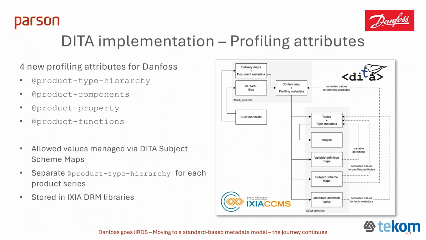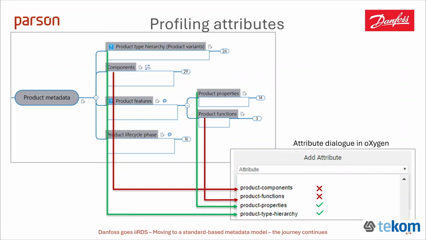For each product series, we will see an example later, we had an additional property, the product type hierarchy, and all these DITA-based mechanisms and implementations were stored inside IXIA libraries so that they could be managed in the IXIA CCMS.